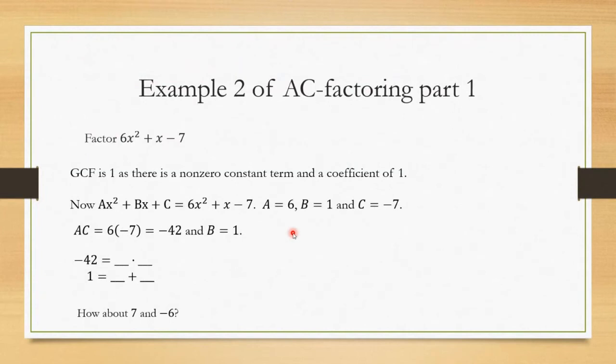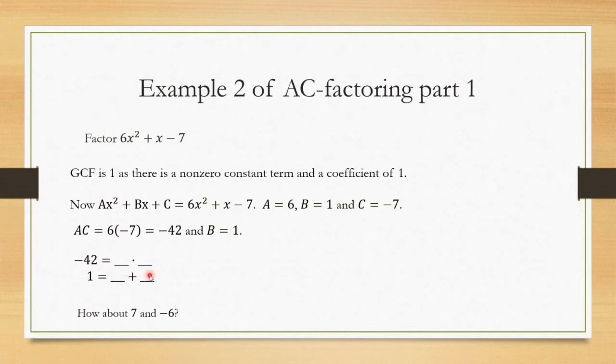Good. So A times C, 6 times negative 7, is negative 42. And B is 1. So we want two numbers whose product is minus 42 and whose sum is 1.